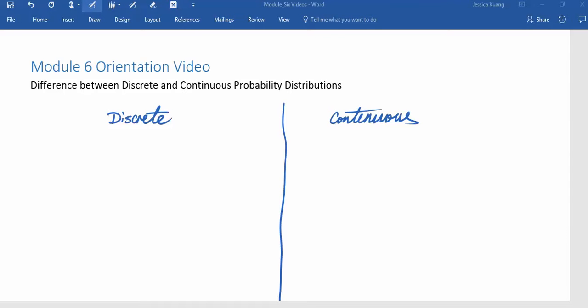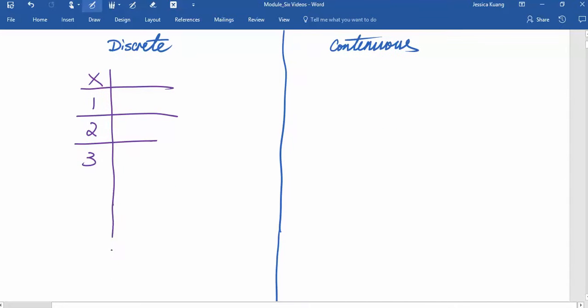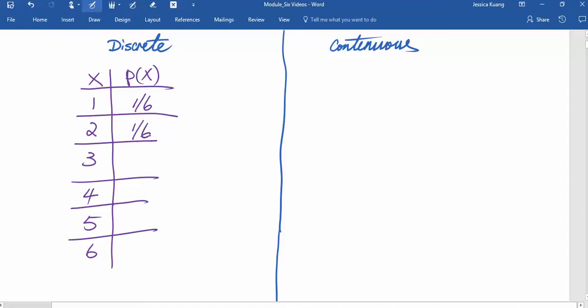In Module 5, for example, if we roll a fair dice, and the outcome, x, could be any number between 1 and 6, any integer number between 1 and 6. And the probability of getting each outcome is 1/6 all the way through.